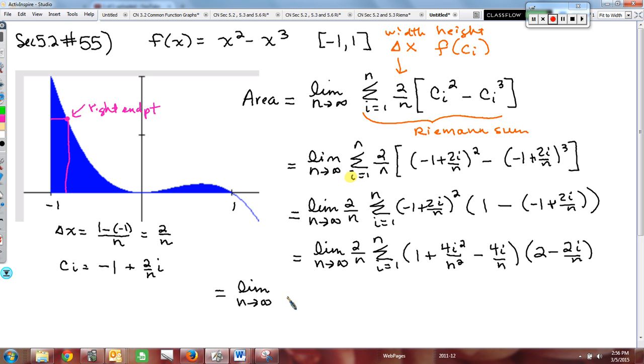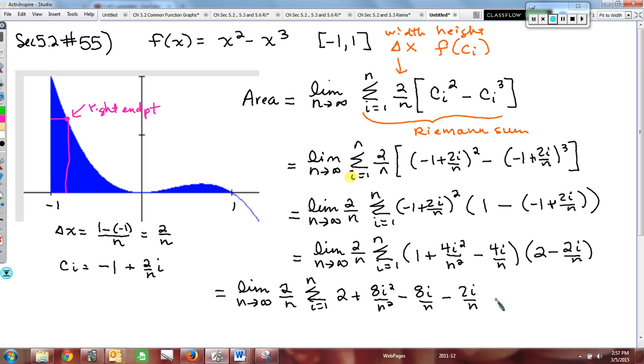Limit as n goes to infinity, 2 over n, sum i equals 1 to n. Multiply the 2 through first, so we'd have 2 plus 8i squared over n squared minus 8i over n. And then I'm going to take the minus through, so minus 2i over n.